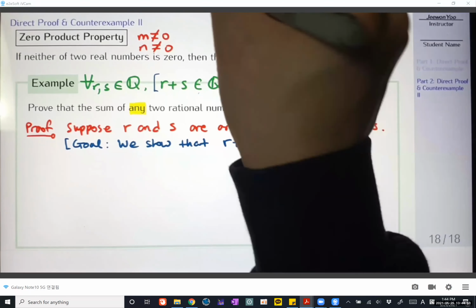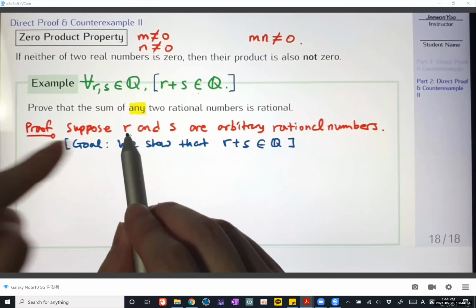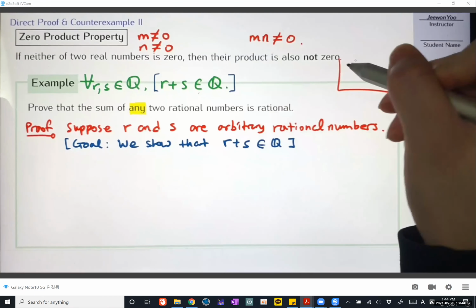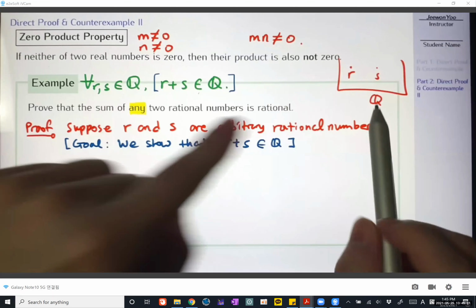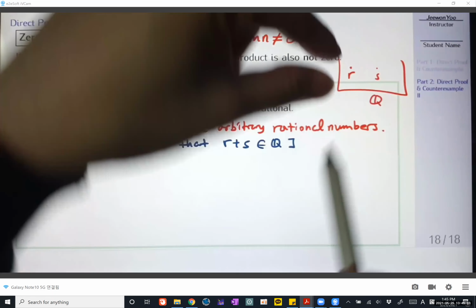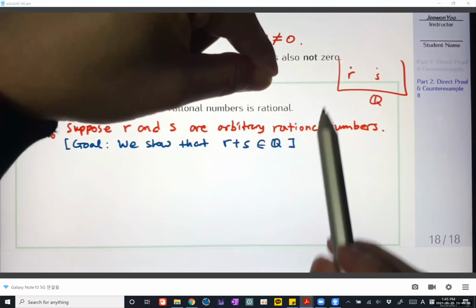I'm gonna write R here. Everyone, we have R here, we have S here in Q. In the set of Q, we have R and S. Suppose you guys pick R from Q. It has this kind of DNA because it's a rational number.